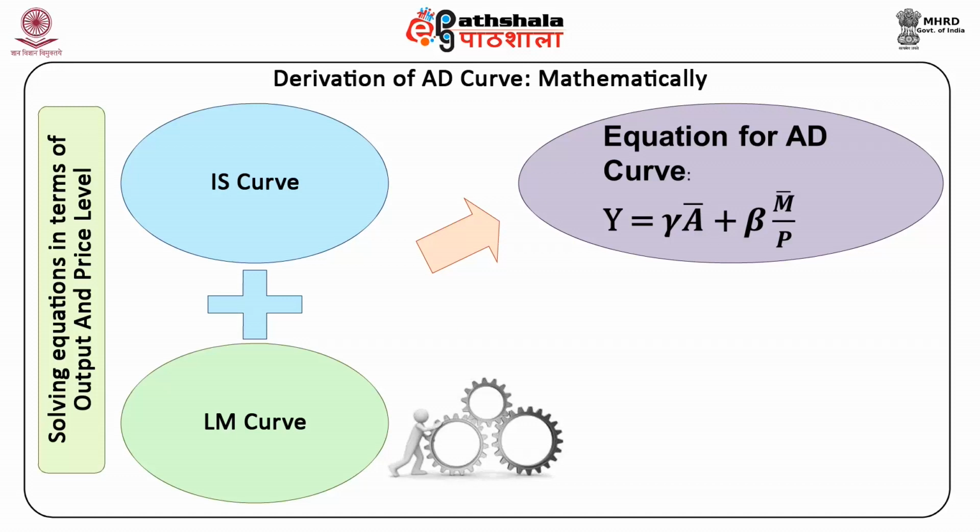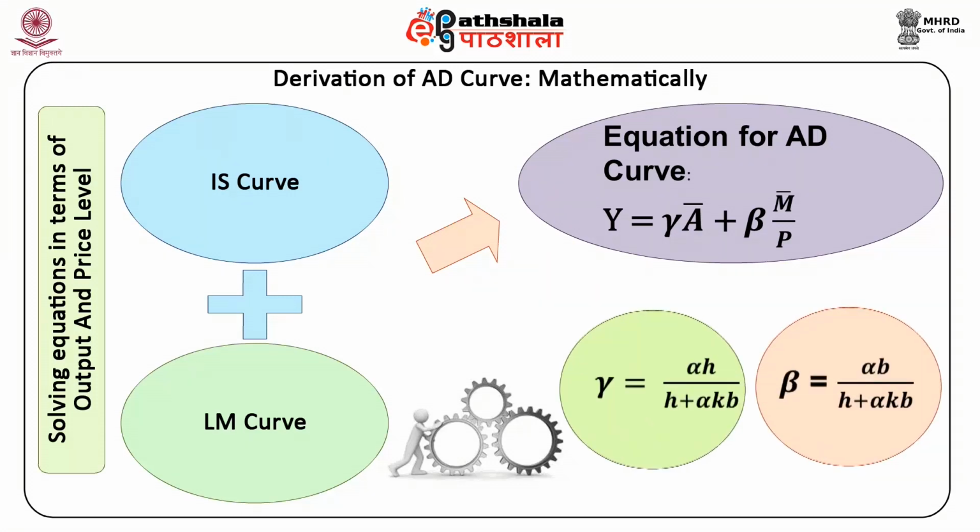Y = γA + β(m/P), where γ = αh/(h + αkb), and β = αb/(h + αkb), and γ is greater than 0 and β is also greater than 0.